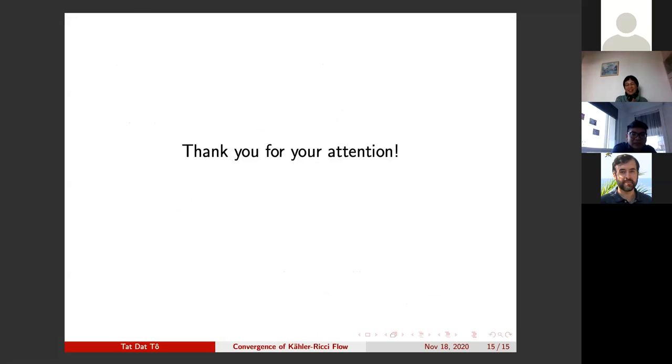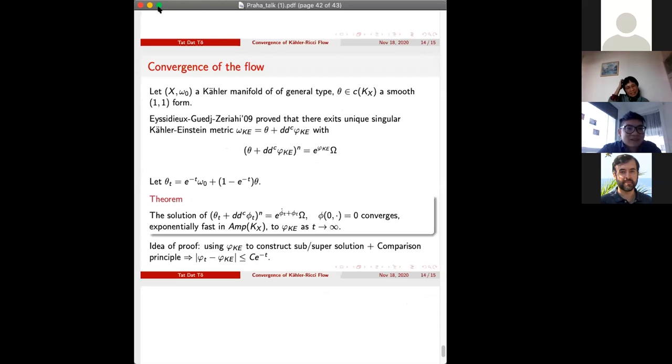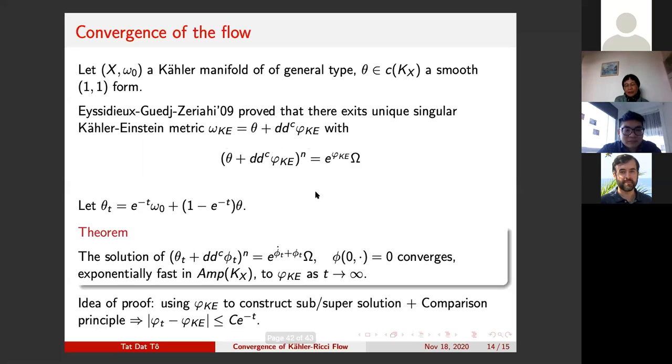Thank you. So you say that the solution converges on a Zariski open subset of the manifold. Why does that condition appear here?